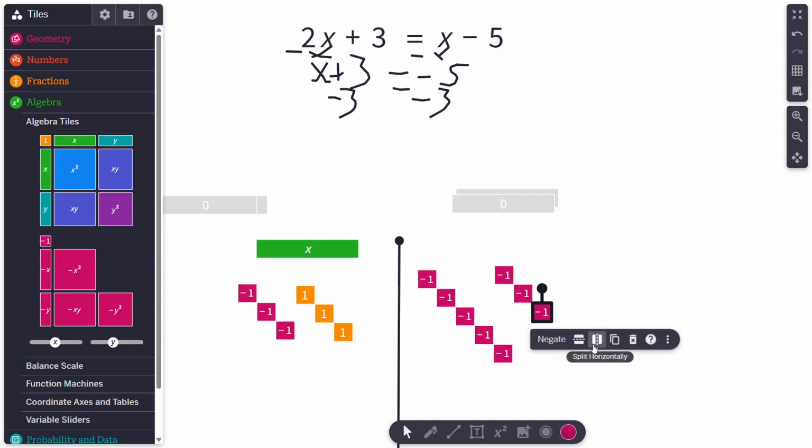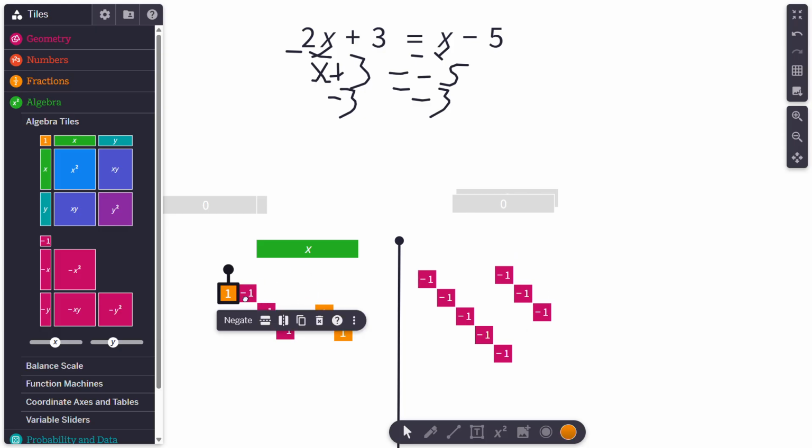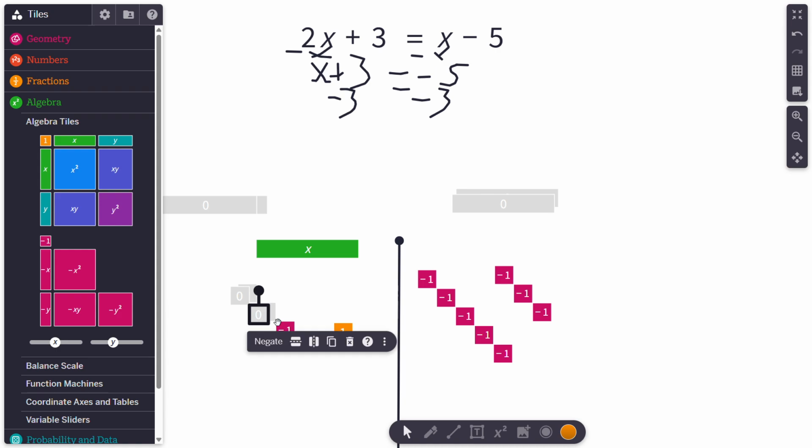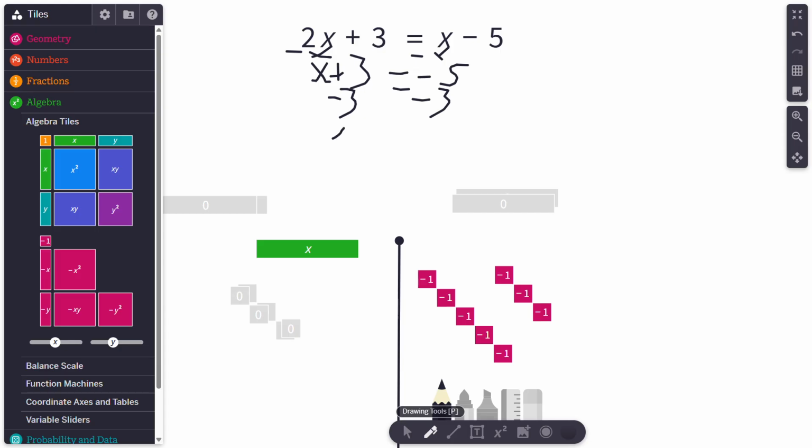Look at that. Here we go. So now if we go to our equation, we can zero pair some of these. Look at that. And then there's no zero pairs on that side. So what you're left with is x equals our answer of 1, 2, 3, 4, 5, 6, 7, 8. Perfect. All right.